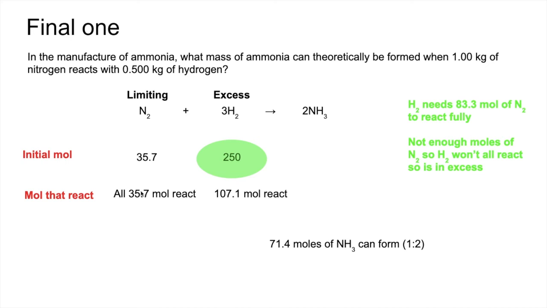If 35.7 moles of that react, twice as many moles of ammonia will form. I could have done it on this number here. It's a little bit trickier, but you're still going to get the same answer. If 107.1 moles of hydrogen react, then 2/3 of that of ammonia will form, which is still that number there. So now we've done that, mass equals moles times MR. So we get 1214 grams.